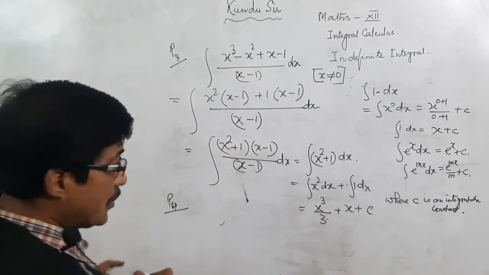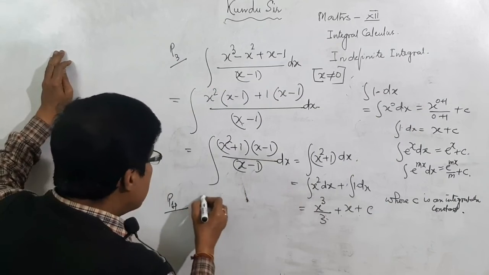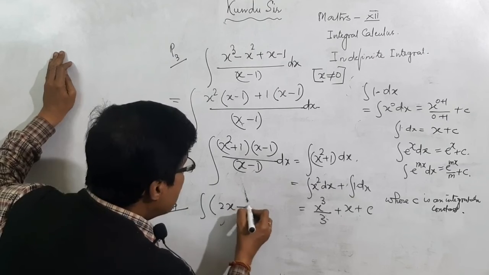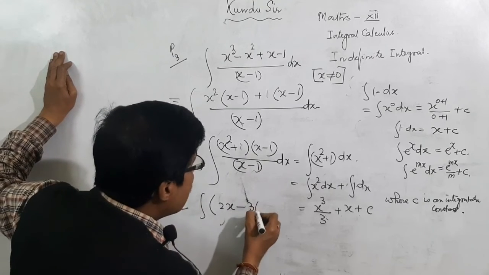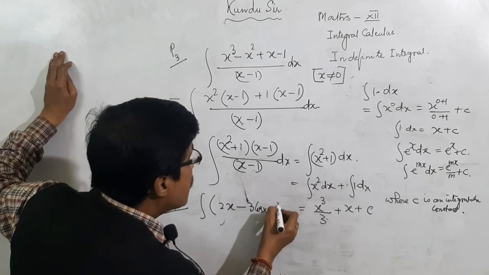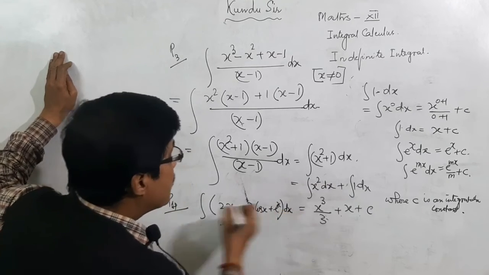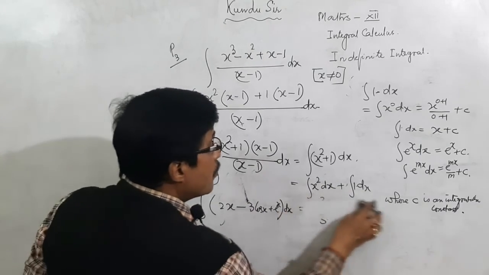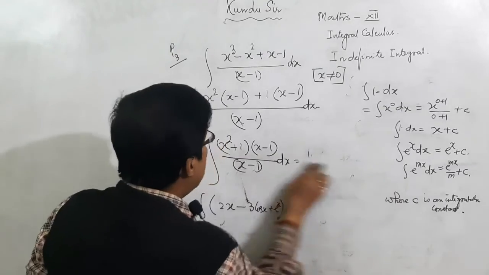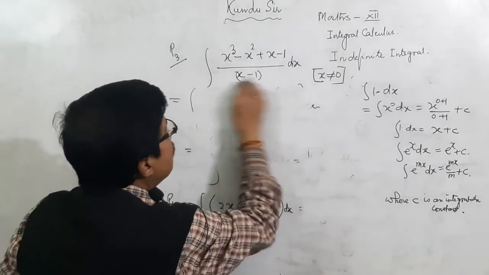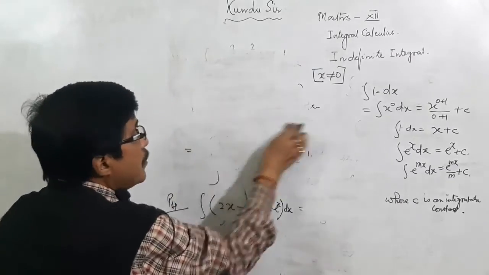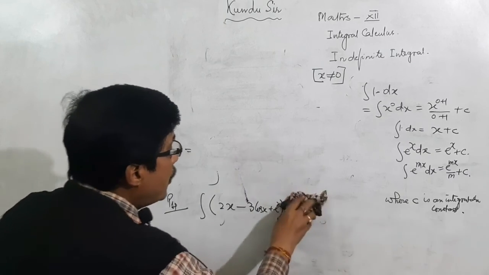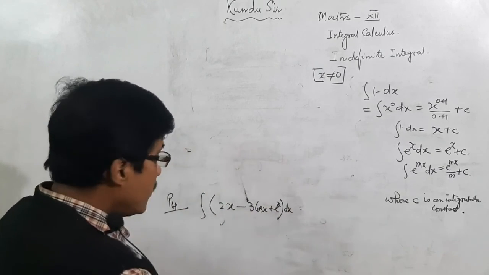Now the problem is the integral of 2x minus 3 cos x plus e to the power x dx. Now we are going to solve this problem. We are making it as 3 integrals.